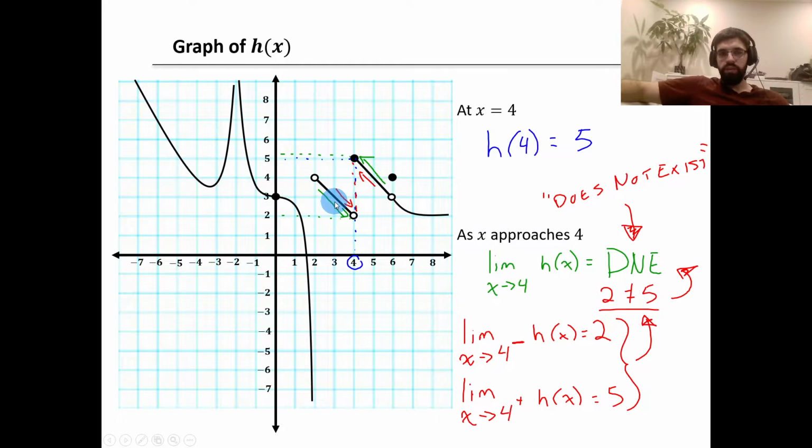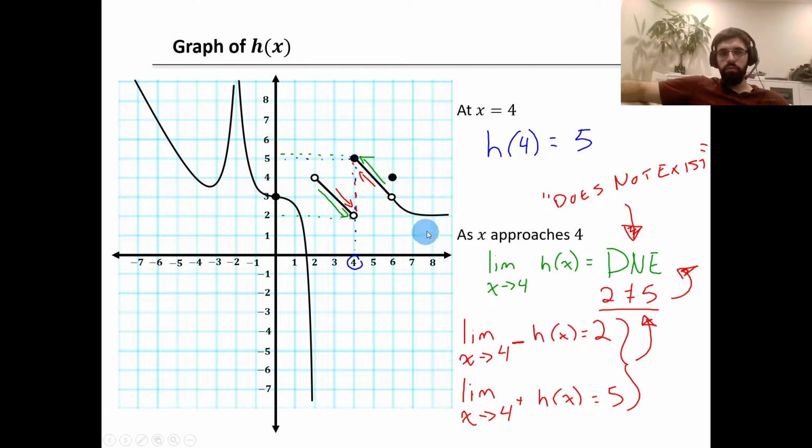So from the left, we're talking about starting left of x equals 4, and we're going to work our way towards x equals 4 on the function line. And as we move from left towards x equals 4, we're going to see the limit on the left side is approaching 2. So the limit as x approaches 4 from the left of h of x equals 2.